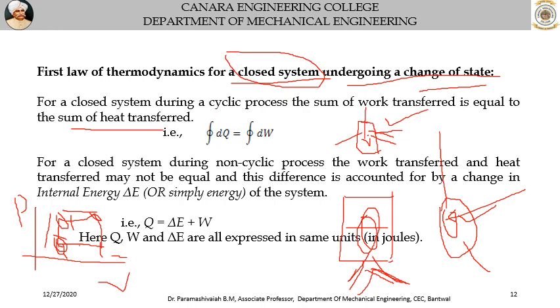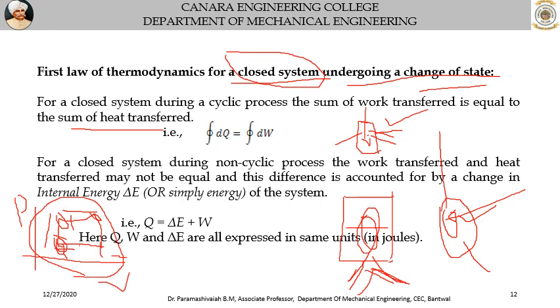If we consider a system undergoing different processes, where the beginning of the first process is the same as the end of the last process, then we say that these processes lead to a cyclic process.